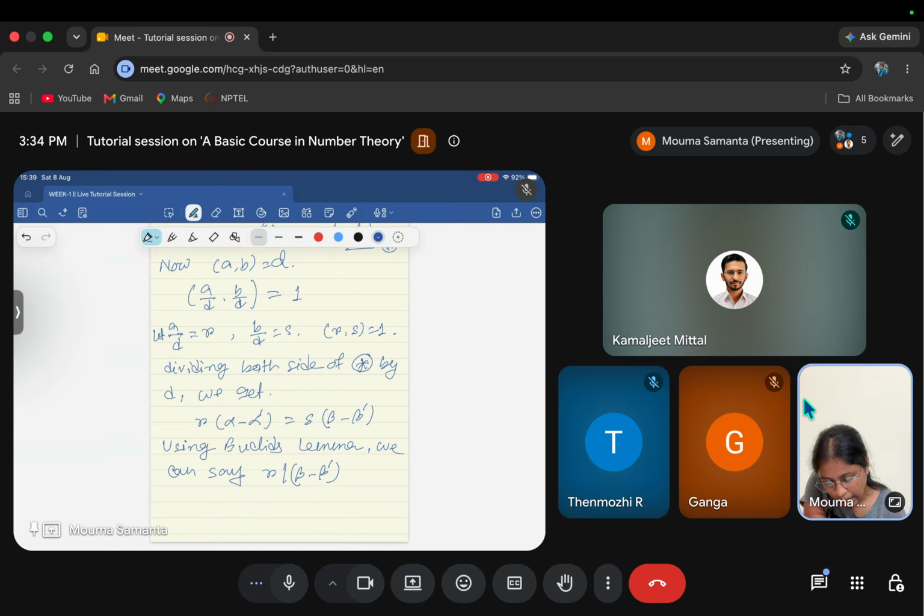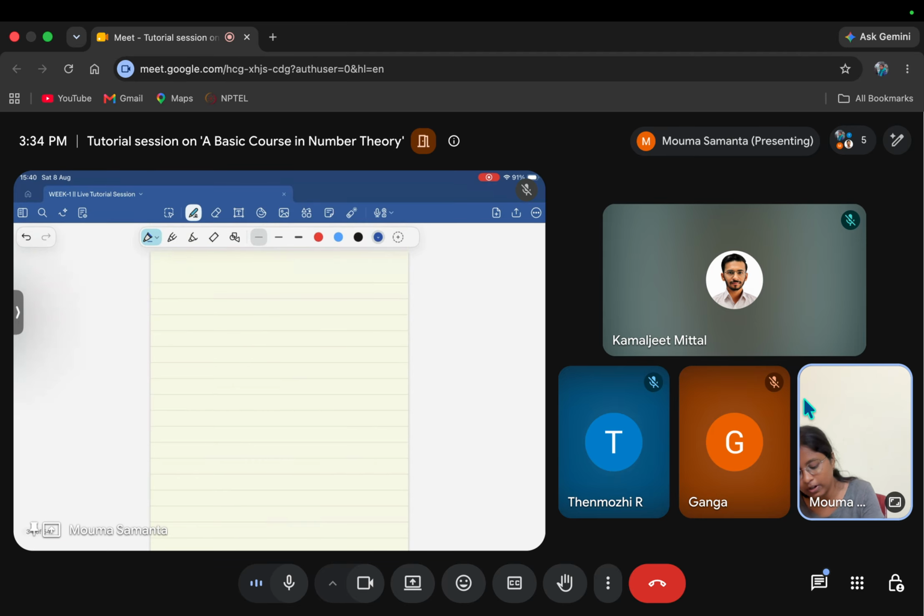Since GCD of RS equals to 1, using Euclid's lemma R divides beta minus beta prime. So R divides beta minus beta prime, that means beta minus beta prime equals to R times K for some integer K belongs to Z. So this is the definition of divisibility.